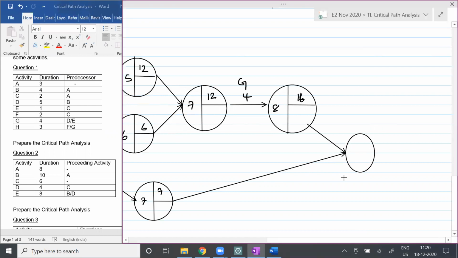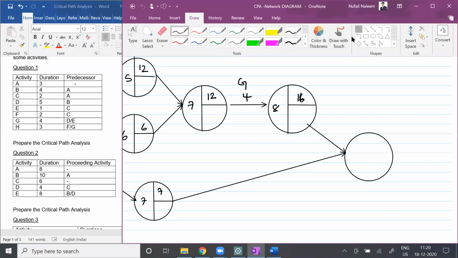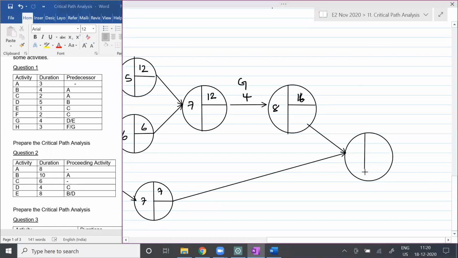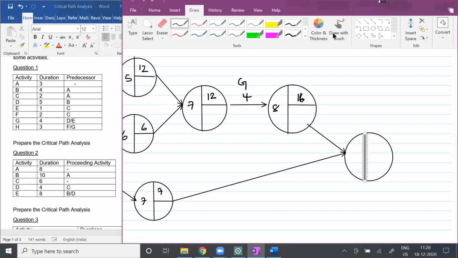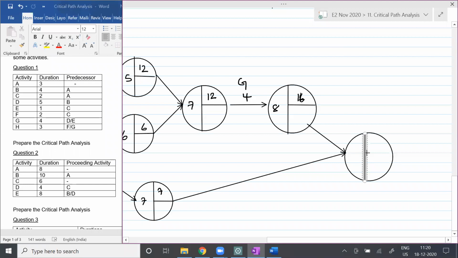Because this is a combination. You get what I am saying, students? Observe this carefully. What's going to happen in this case? Students, what is the bigger number, 16 or 7? 16.